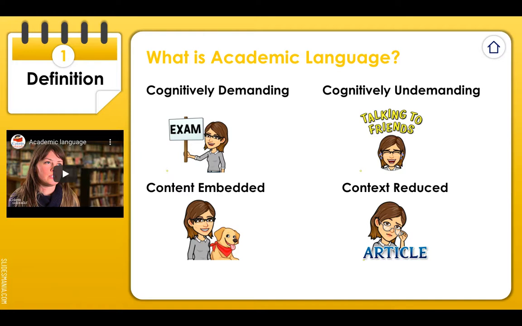Then there's context reduced, and this is when there's higher level vocabulary, like in a scholarly article, where people normally don't talk as long, and it's in a few sentences, but they have really rich vocabulary, so it may be hard to read at first.